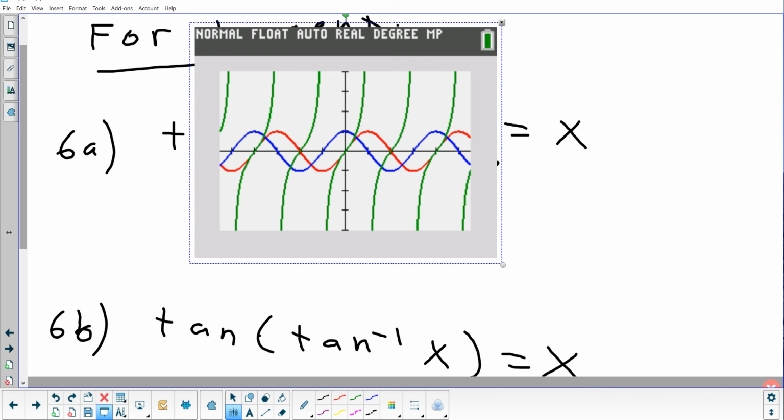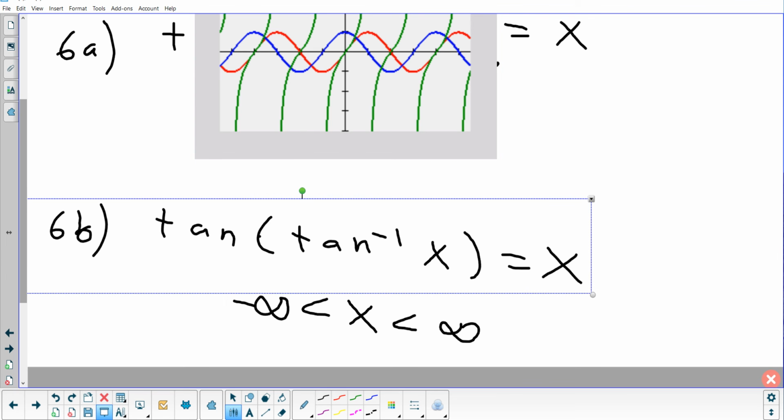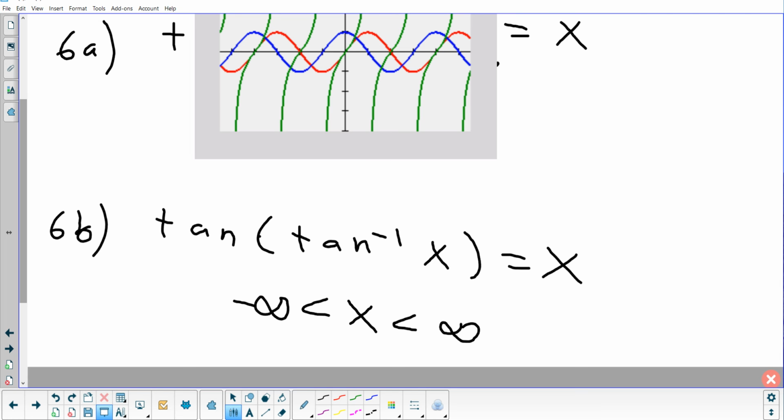In this class, we don't really talk a lot about the graph of tangent, but I just wanted to show you that it does go up and down forever, which means this formula always works. There is no restriction on when it would or would not work. It always works. So if you see inverse tangent on the inside, you don't even have to think about it.